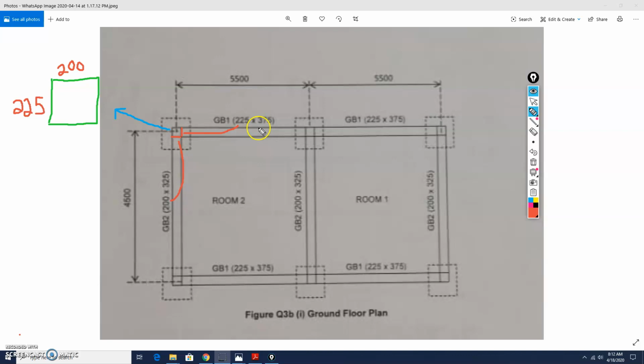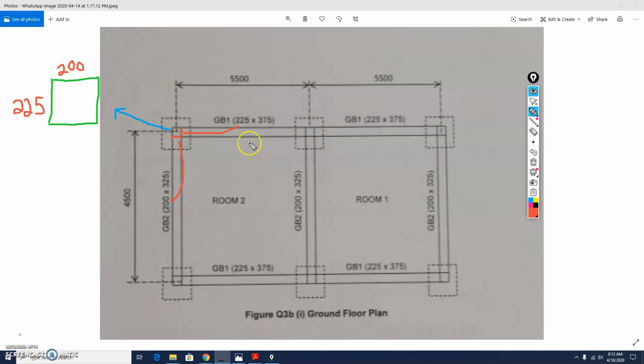When you are going to calculate the concrete for GB1, basically the length here is 5,500, you need to minus 2 half column because you have 1 half column here and another half column here. So the full column is 200. Half column will be 100. So you have 2 half column, so you need to minus 200 from 5,500.